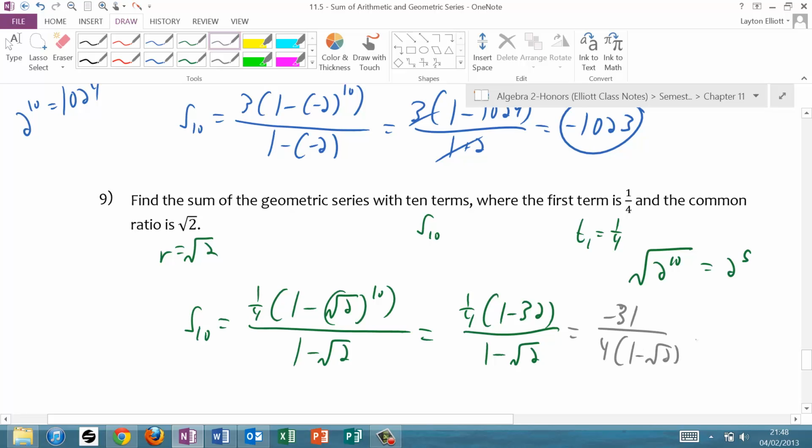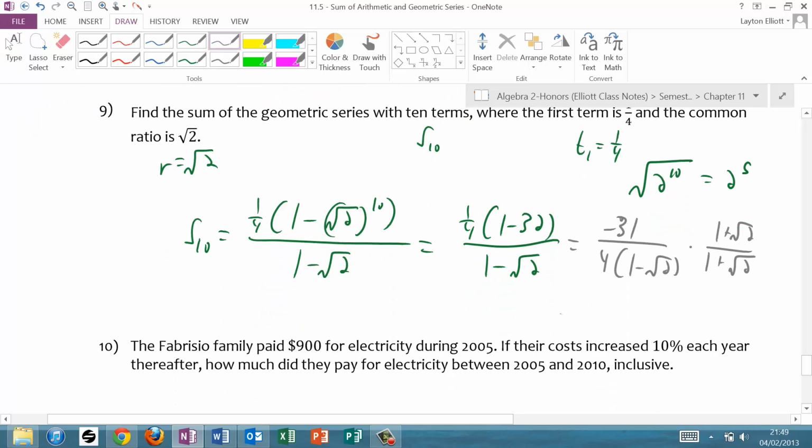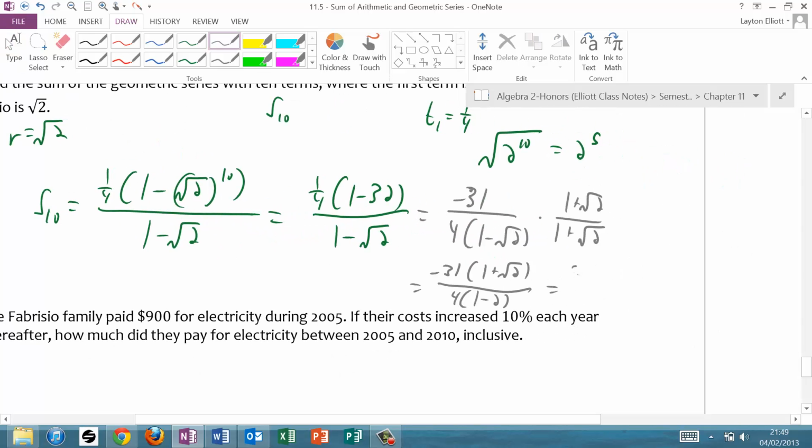And I'm going to rationalize multiplying by 1 plus radical 2. Then I have negative 31 times 1 plus radical 2 over, and this would be 4 times 1 minus 2, which is negative 1. So my final could look like 31 times 1 minus root 2 over 4. I could distribute the 31 in, but I'm just going to leave it factored.